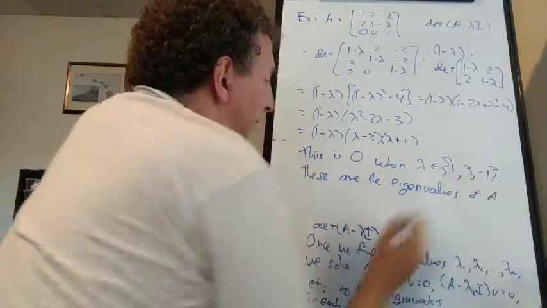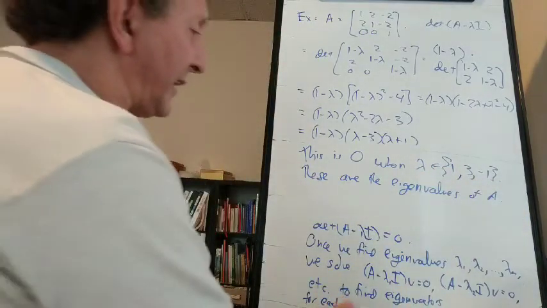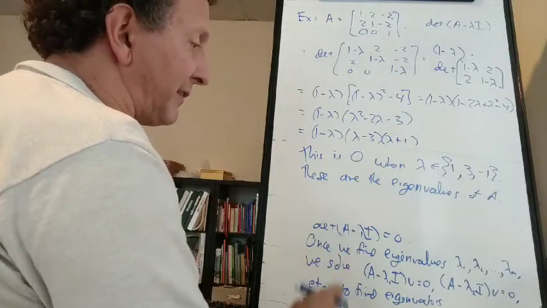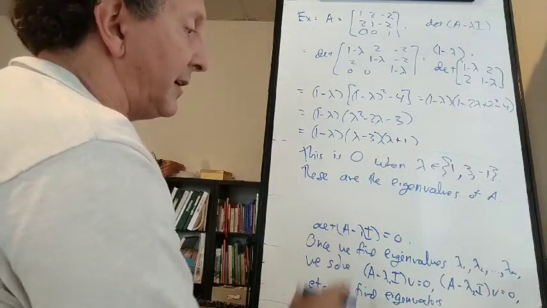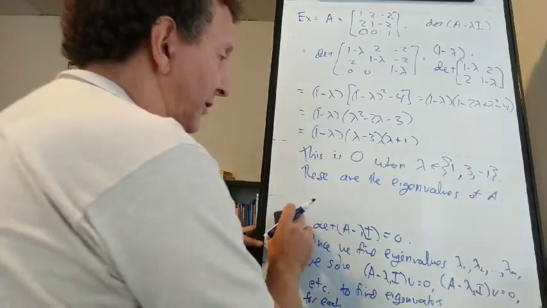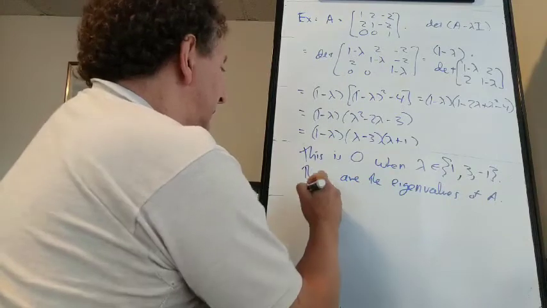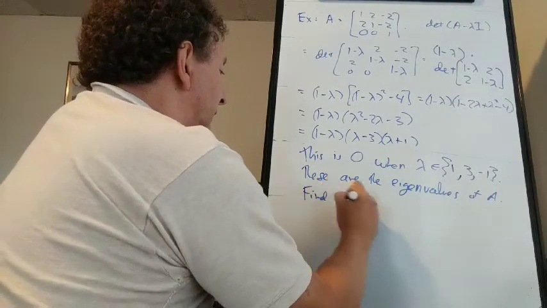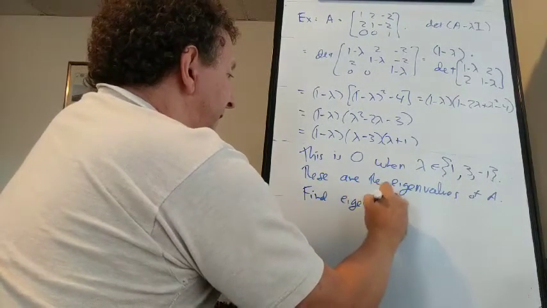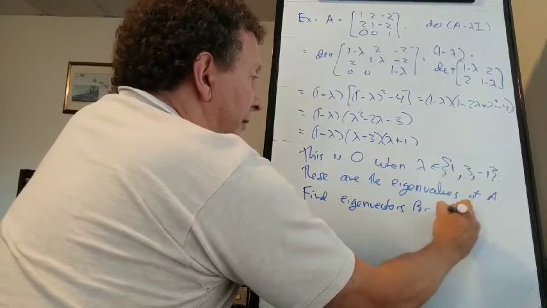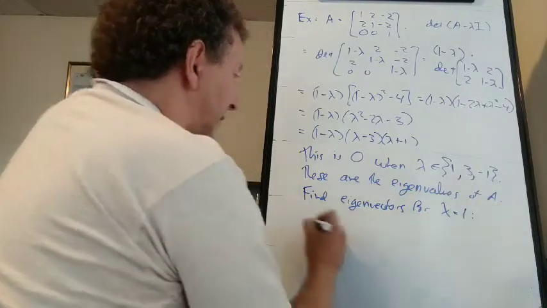All right, then to find the eigenvectors, we're going to solve A minus each eigenvalue times the identity times a vector equals 0, and then we'll solve for the vector. So let's find eigenvectors for lambda equals 1.